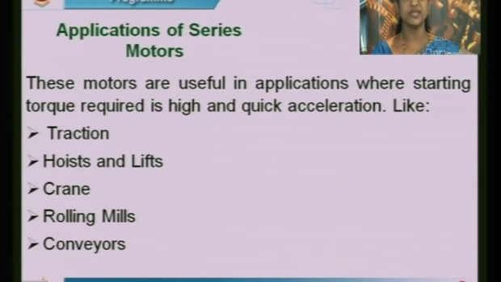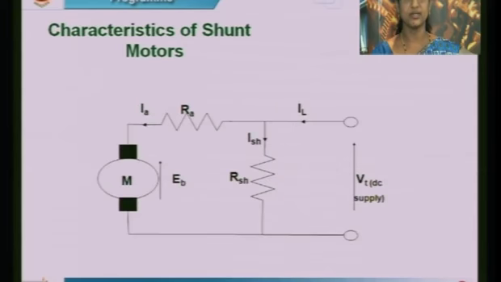Now you see how exactly you are going to get the characteristics for DC shunt motors and what the applications are. This is how we have the connection of the DC shunt motor. As the name indicates, the shunt field coil is connected in parallel with the armature.